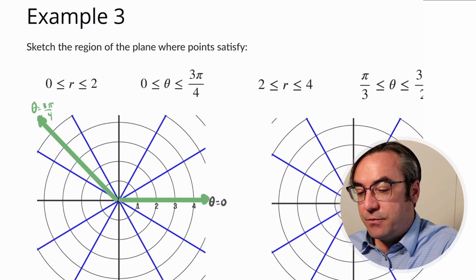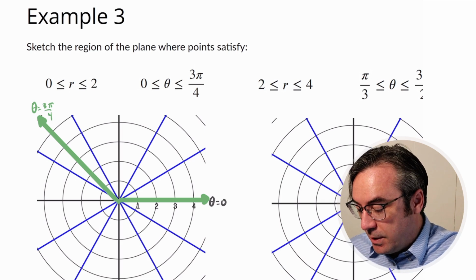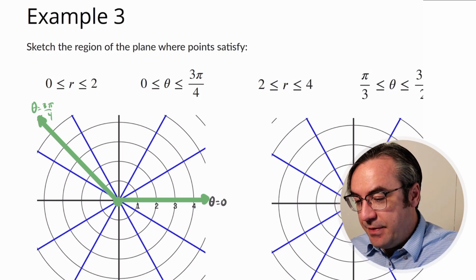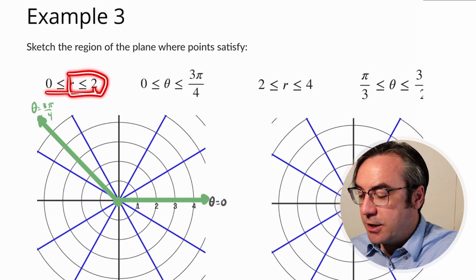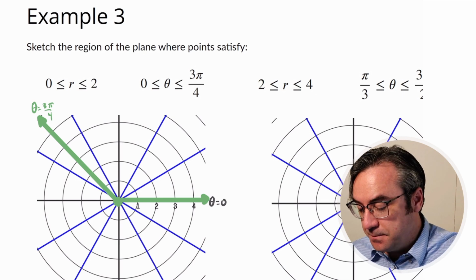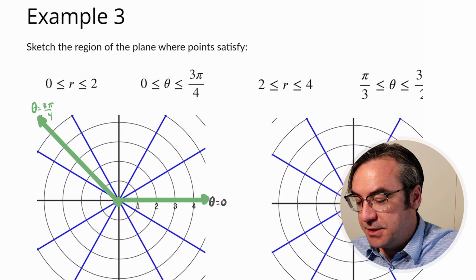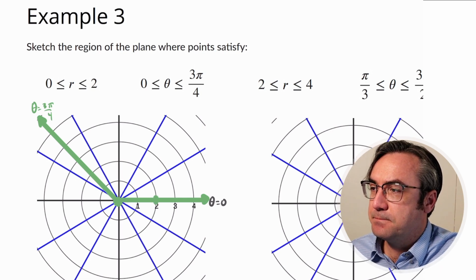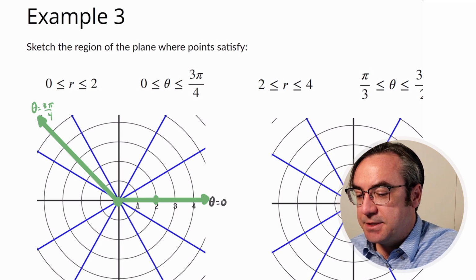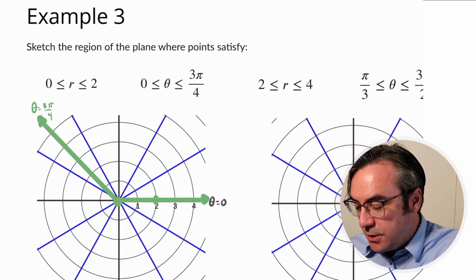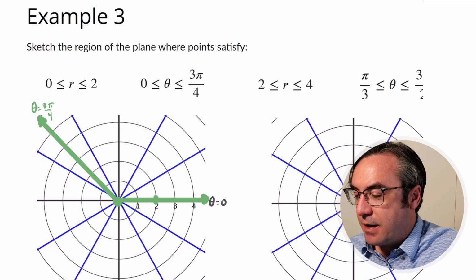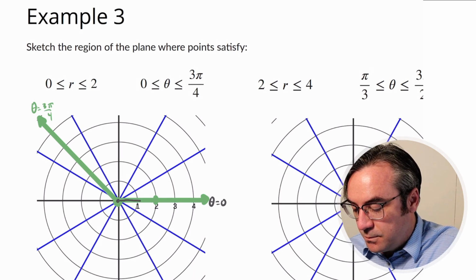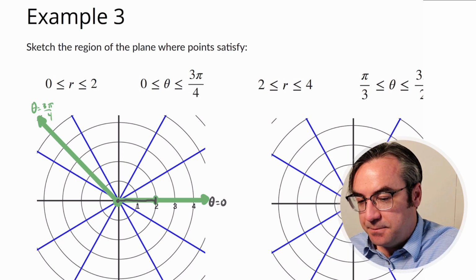At r equals 0 we're at the origin, and at most we go to r equals 2. So we end up with this little section of our x-axis here.